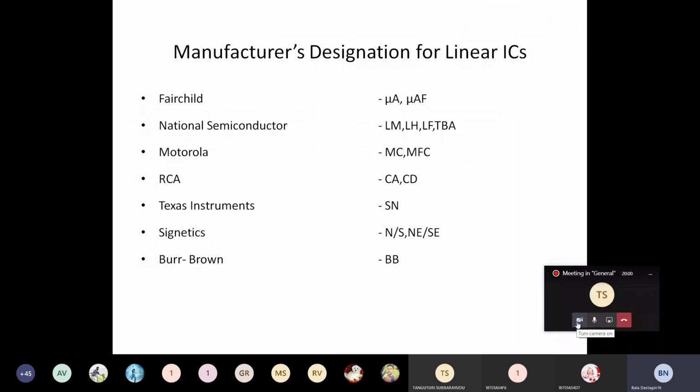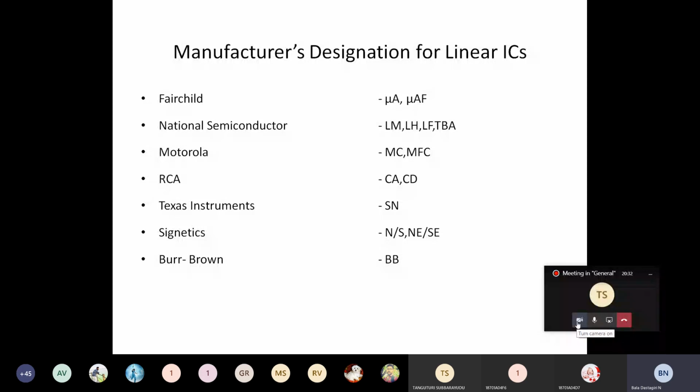These are the different manufacturer designations for linear ICs. You can see on the left hand side Fairchild, National Semiconductor, Motorola, RCA, Texas Instruments, Signetics, and Burr Brown. These are the different manufacturers that design or manufacture linear ICs. The corresponding designation is given on the right hand side.